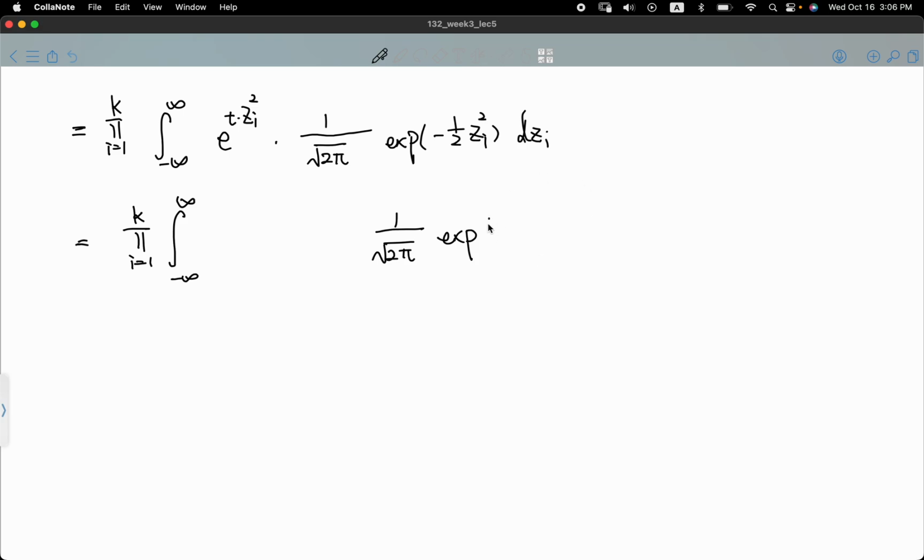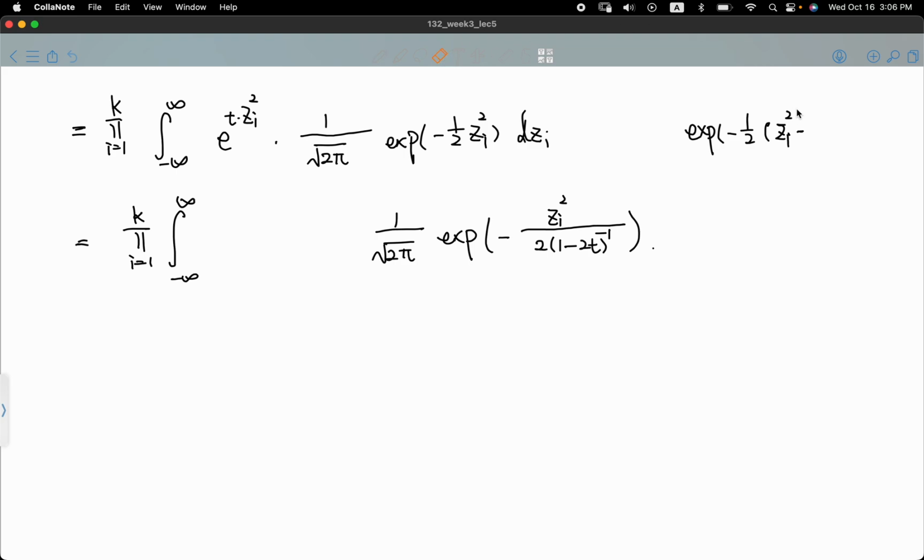I'm going to write it as the negative sign zi squared on the numerator, and then you will have 2 of 1 minus 2t, and then also an inverse here. So I'm just grouping, maybe I can elaborate a little bit here. This is exp negative 1/2, zi squared minus.